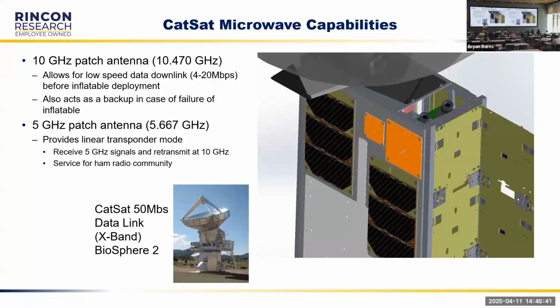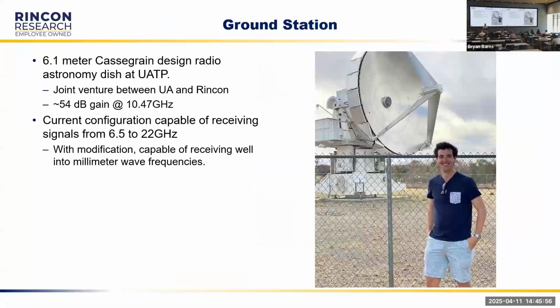If you're in Arizona and someone's in Texas or Colorado or somewhere that can also see the spacecraft, you can transmit up to it and have someone else hear your transmission and then talk back to you. That's a really cool service that CatSat can provide.